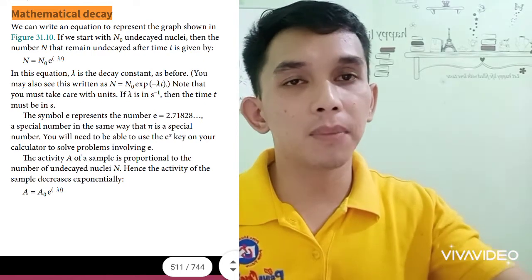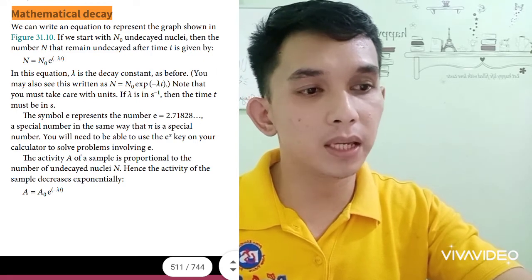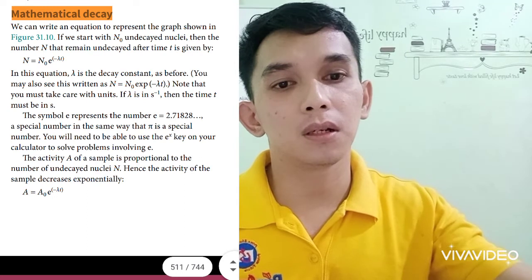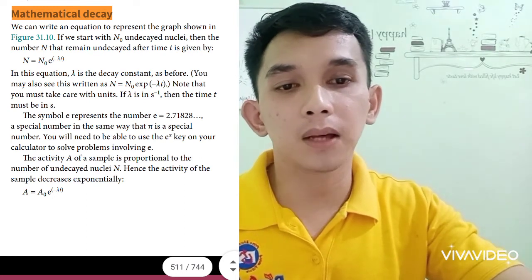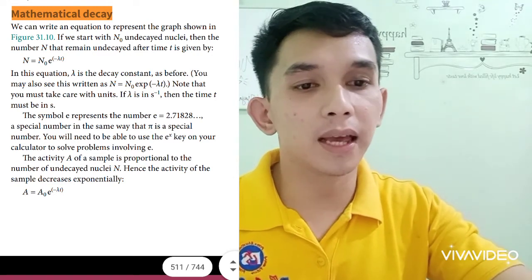N is the number of undecayed nuclei, N0 is the initial number of undecayed nuclei, e is the exponential, lambda is the decay constant, and t is the time.